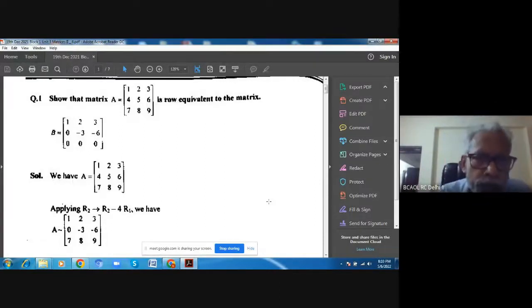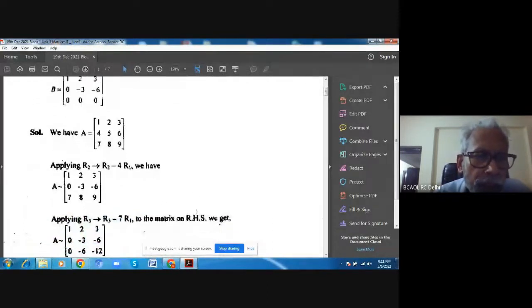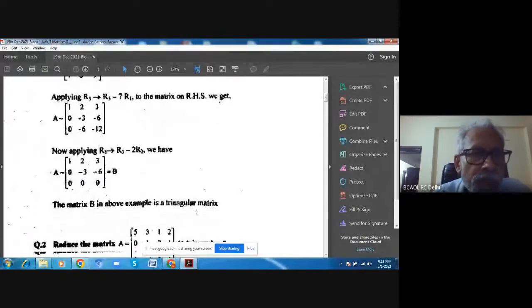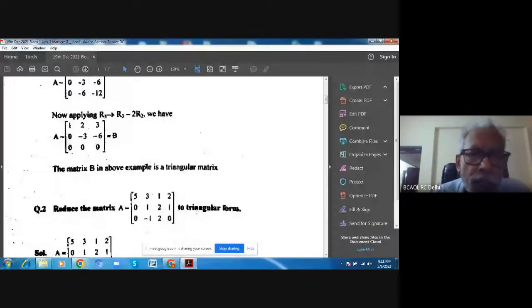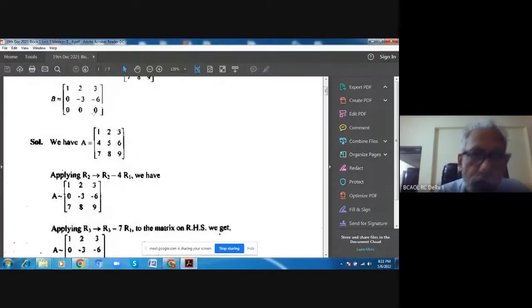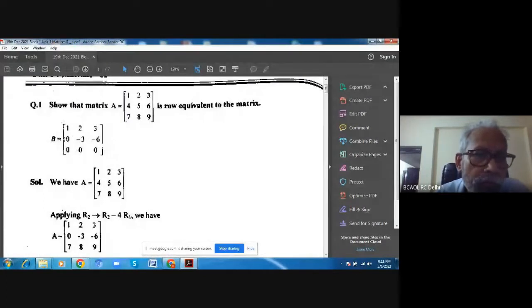Anyway, first, what are the matrices given? We try to reduce them. Before we start, I can tell you the process. The reducing process, the main aim is the formation of a triangle.